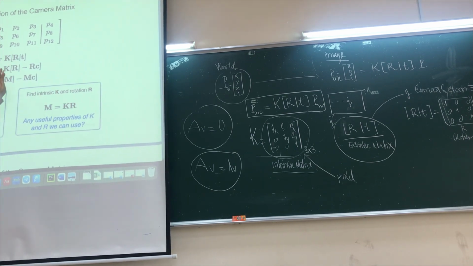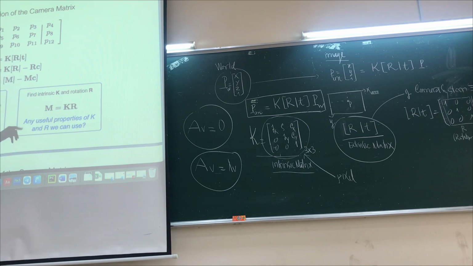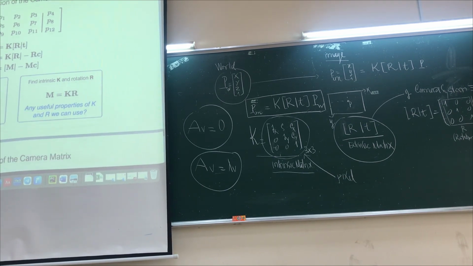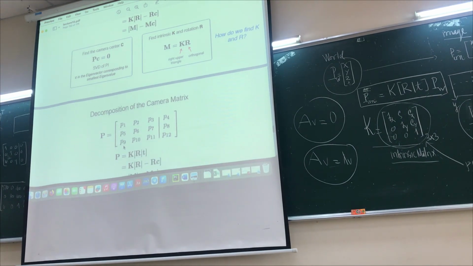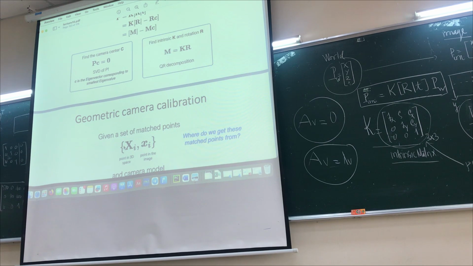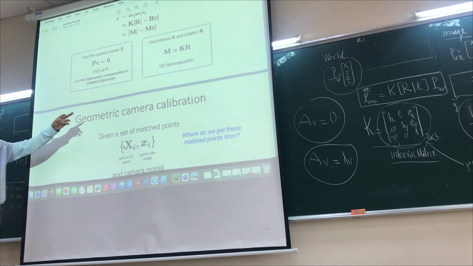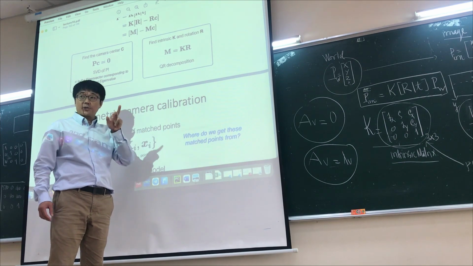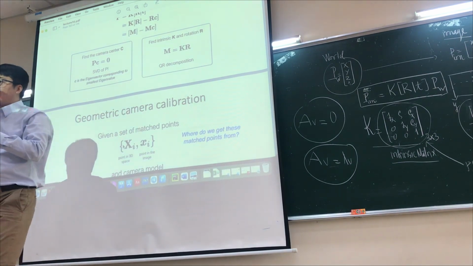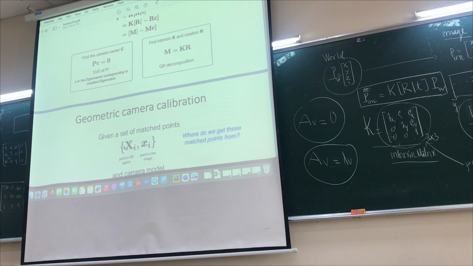You can see we arrange and multiply, and M equals K times R. So how? You have to separate K and R, right? So you have to do QR decomposition. We talk about two concepts related to linear algebra: first SVD, and QR.